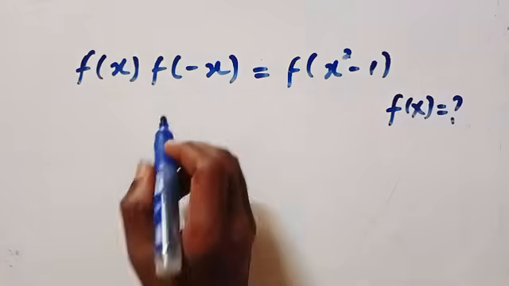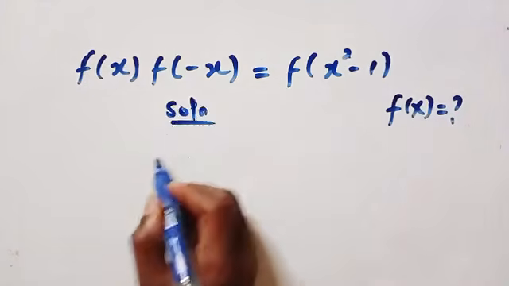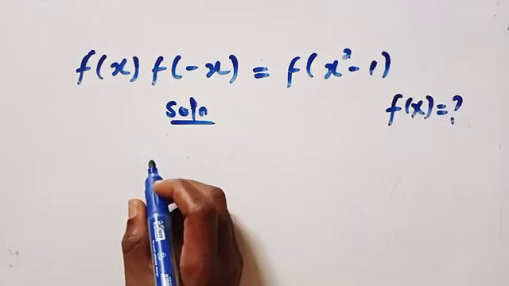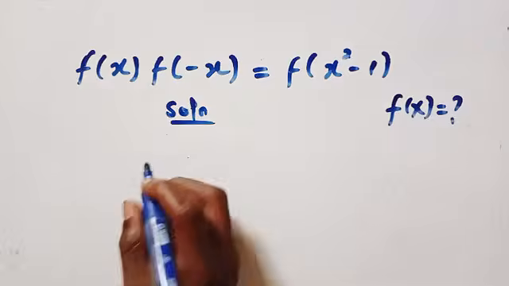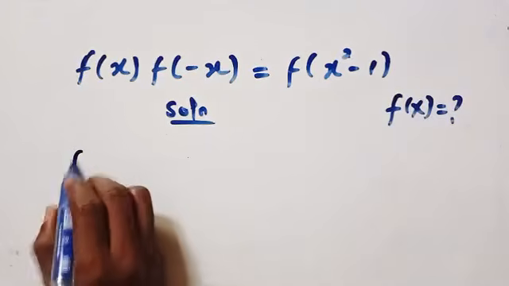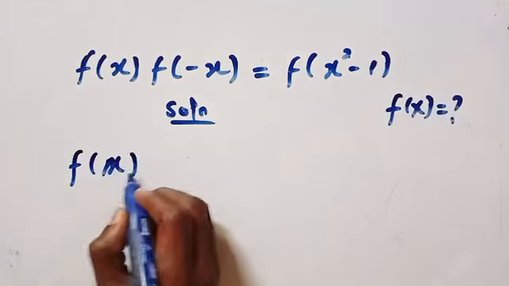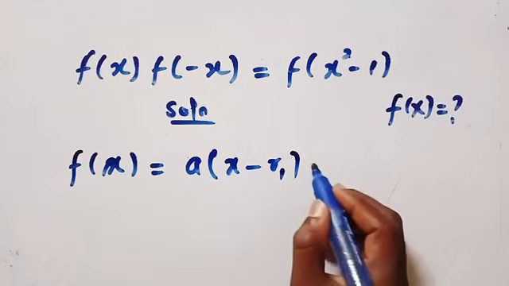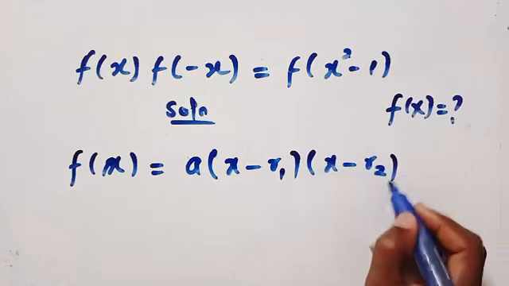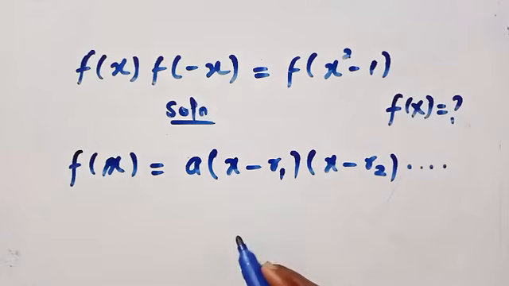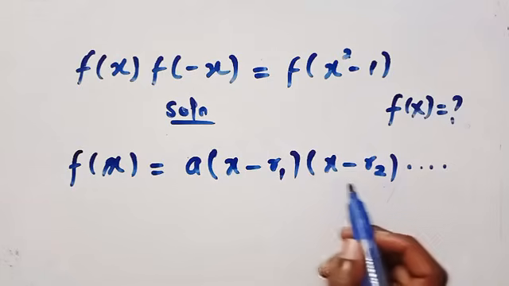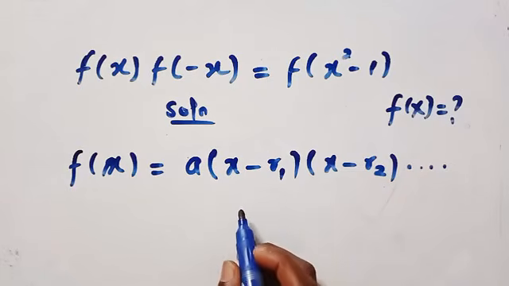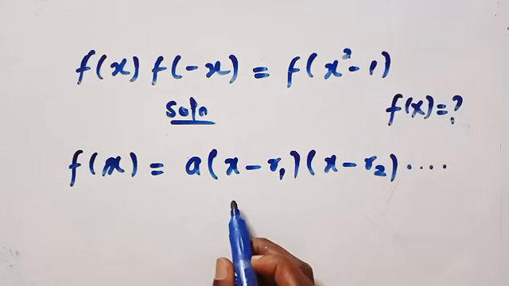So in this case, we are going to assume, and this is not only an assumption, it is like the fundamental theorem of algebra, which says that if you have something of this condition, we consider f of x to be equal to a into bracket of x minus r1, open bracket x minus r2, and this is how it keeps going, where r1, r2, r3, up to as many as we have, are the roots, so we call them the real roots.